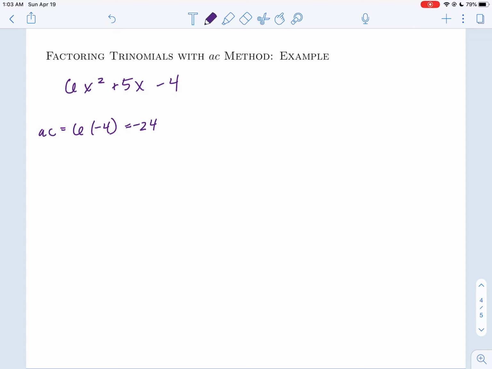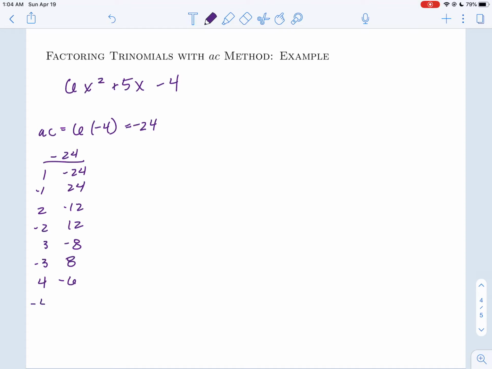So again, for me, organizationally, I like to just create a table, just to see all those pairs together. Since we picked a negative number, I can do 1 and -24, I could do -1 and +24. I could do 2 and -12, I could also do -2 and +12. I could do 3 and -8, I could also do -3 and +8.